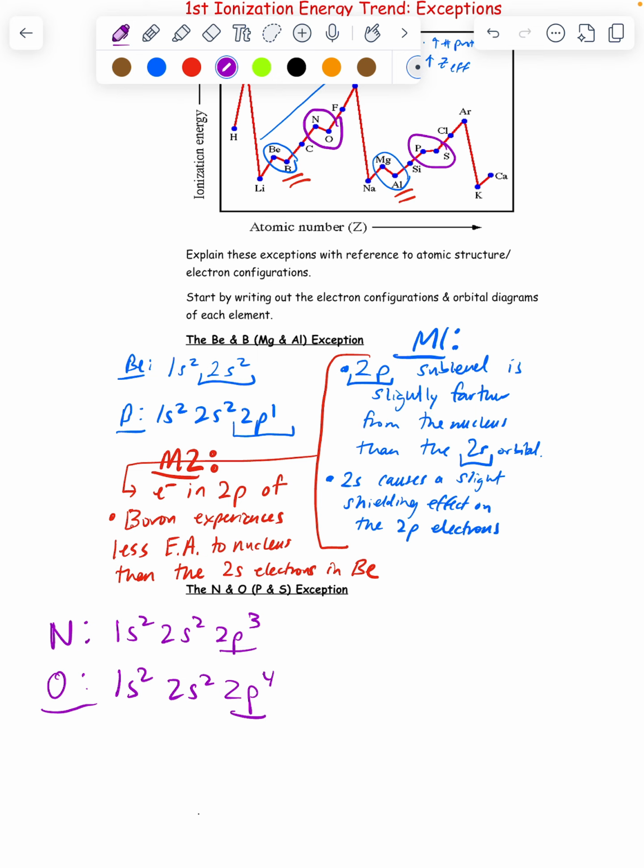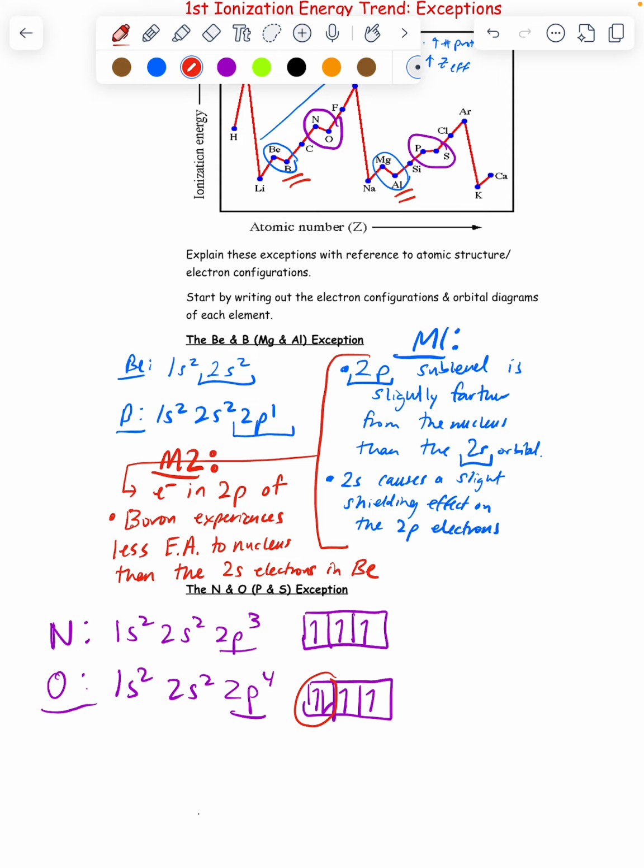Okay, so now if I'm going to try to break it down, I actually need to look even closer. And if I look at their orbital diagrams, these box and arrow diagrams, I would see that in nitrogen, all of the electrons are unpaired. But in oxygen, there is a pairing of electrons.